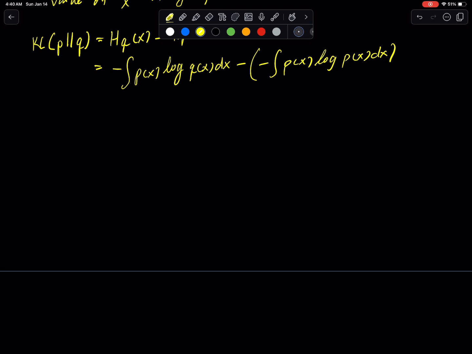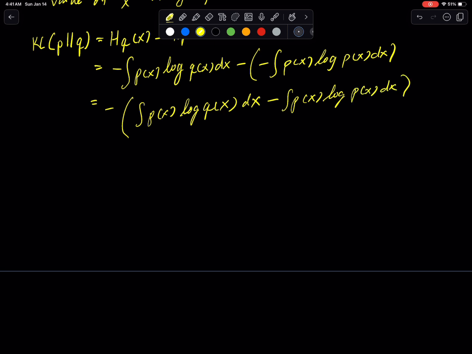Now this becomes negative integral of p of x log q of x dx plus the integral of p of x log p of x dx. And then we can combine the integrals to be equal to negative integral of p of x log q of x minus p of x log p of x dx.